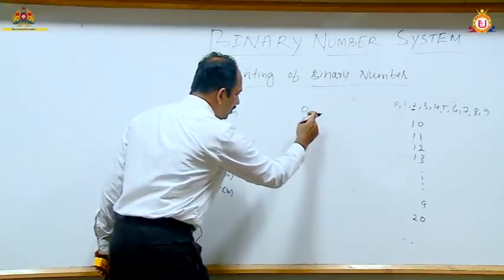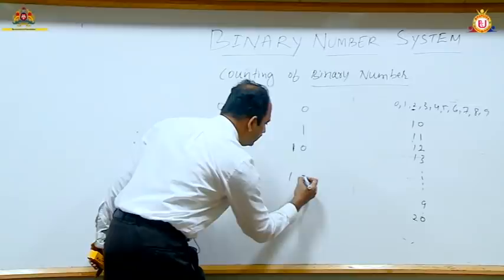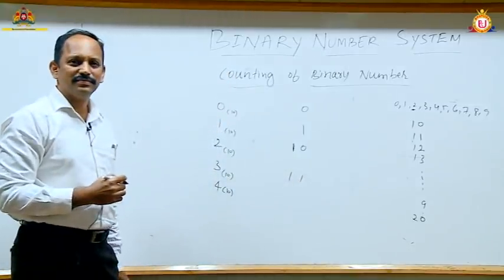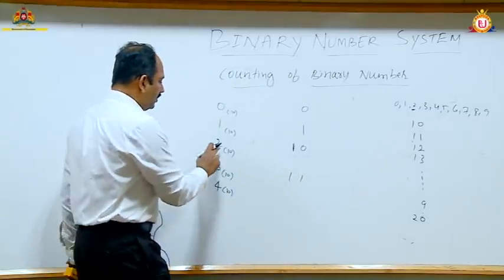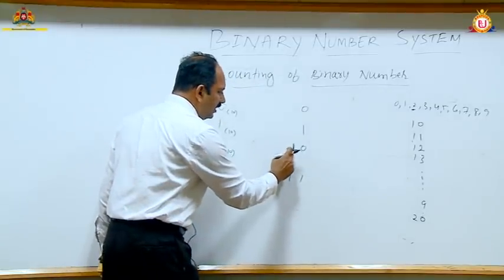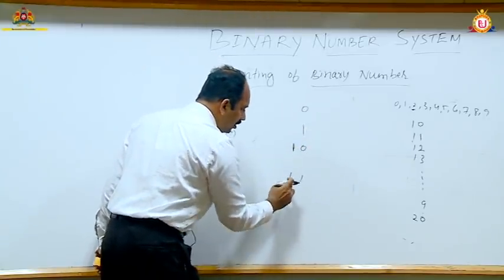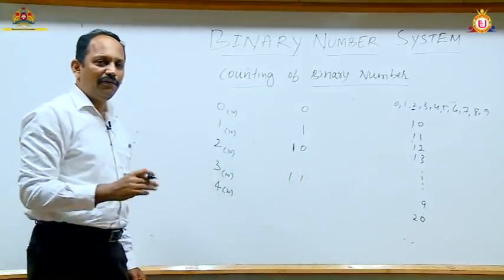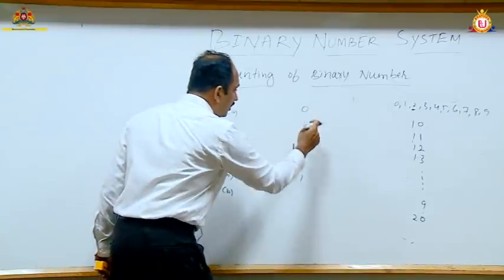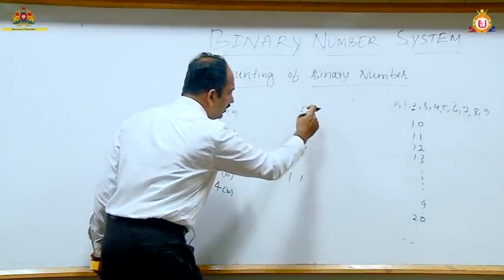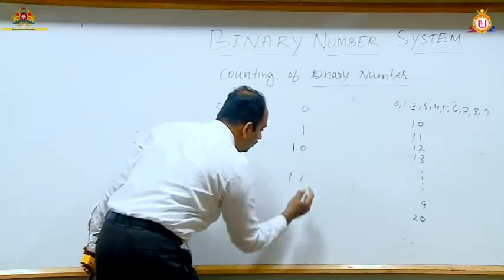Now 0 and 1 are taken, so the next value is 1 and 1. 1 and 1 is the value 3. 2 in binary is 1, 0. Now we are counting 0, 1, 1, 0, 1, 1. After this what? See, this is 2, this is 3: 0, 1, 1, 0 and 1, 1. Now the least value is 0.